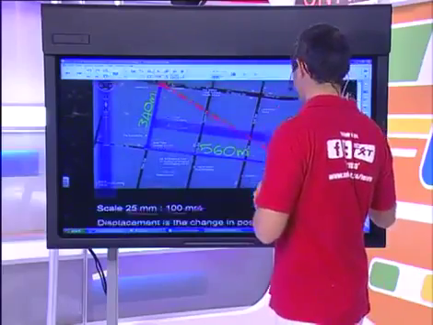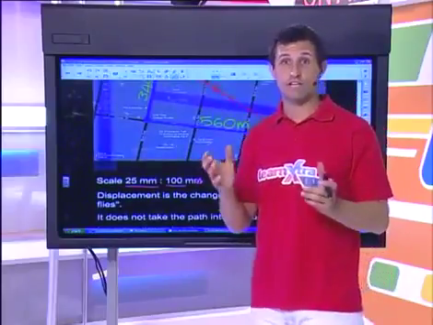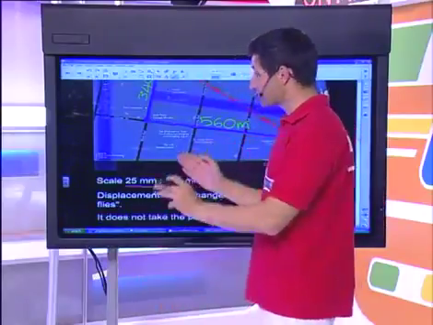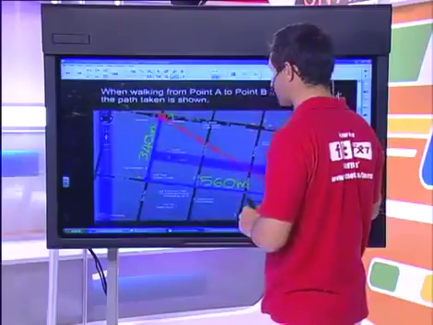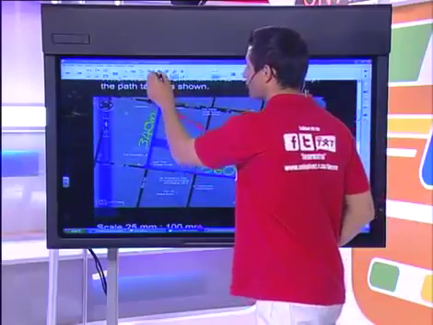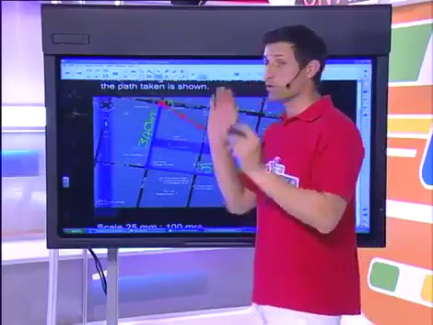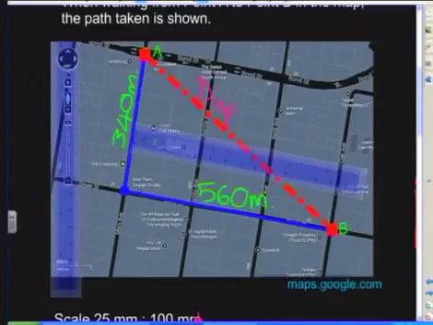What that means is if you were a crow, you would be able to fly directly from point A to point B. You wouldn't have to stick to all the streets. This is the path that you would take. Now, this is the end achievement of what I've done there. So what I'm trying to say here is that displacement only cares about what I achieved, not how I got there. So this is my displacement.